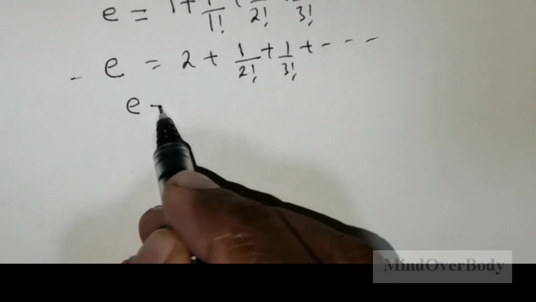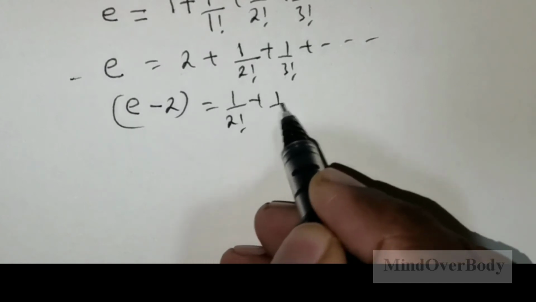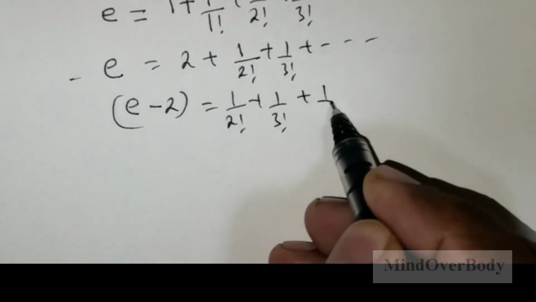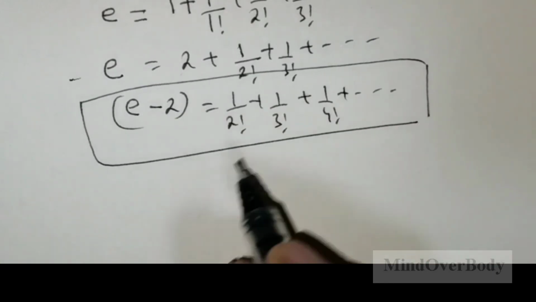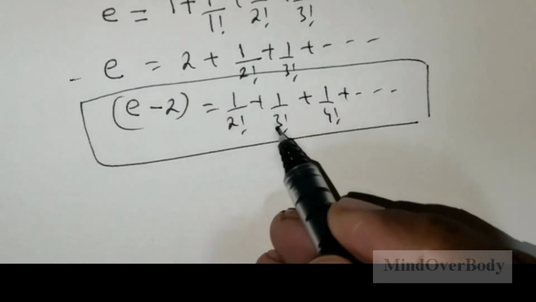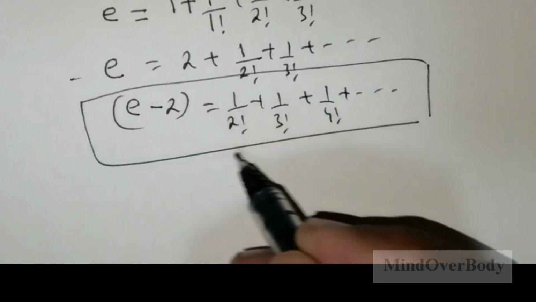This can be rewritten as e minus 2 is equal to 1 over 2 factorial plus 1 over 3 factorial plus 1 over 4 factorial plus etc. So we now have an expression for 1 over 2 factorial plus 1 over 3 factorial plus 1 over 4 factorial etc. as e minus 2.